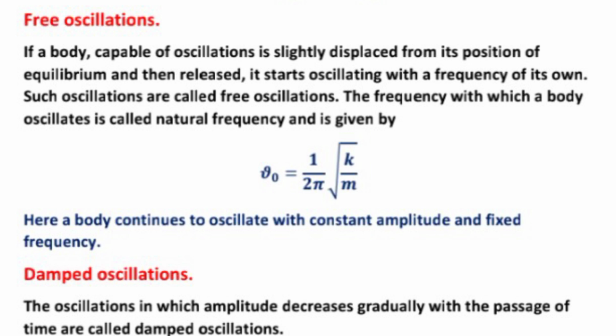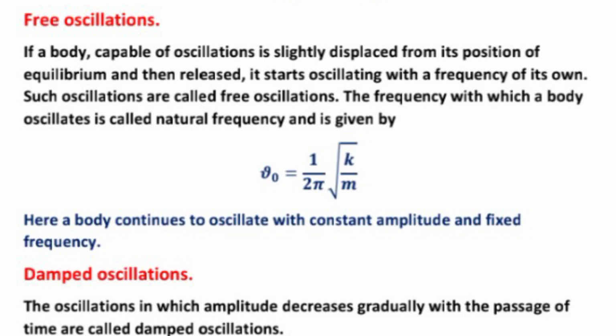Such oscillations are called free oscillations. The frequency with which a body oscillates is called the natural frequency, and it is given by ν = (1/2π)√(k/m). Here a body continues to oscillate with constant amplitude and fixed frequency.